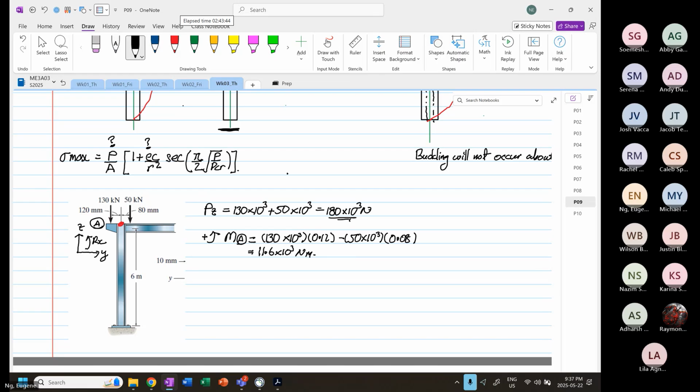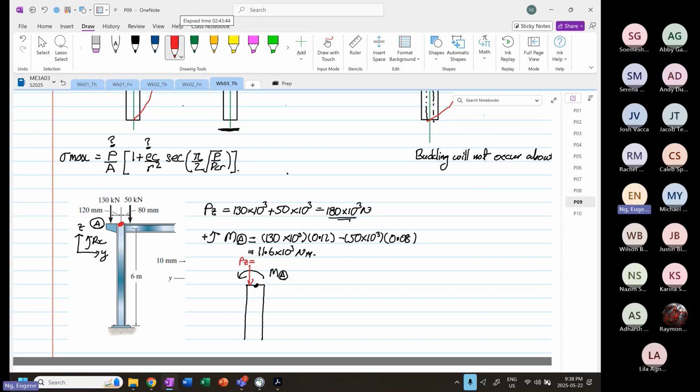So we are aware that the moment will be in this direction, and this will be equal to the moment at point A. When that's the case, we know that there's a P coming down here.